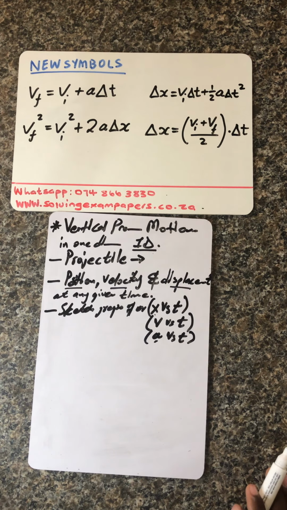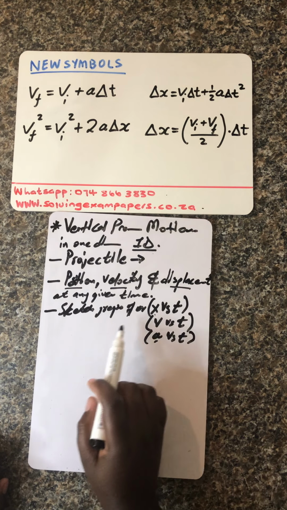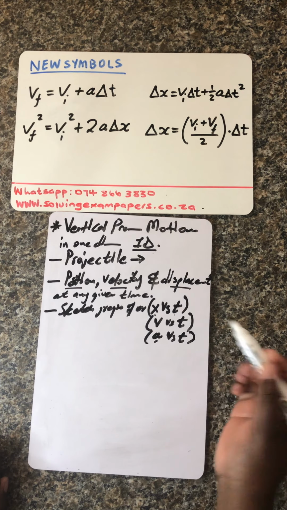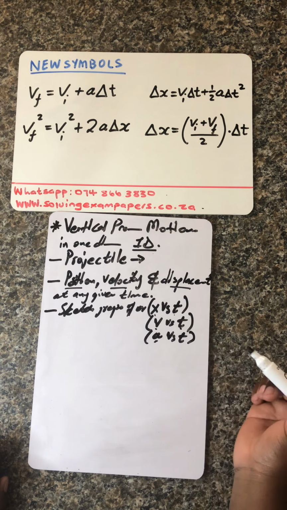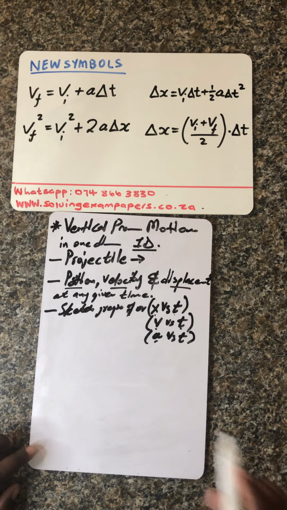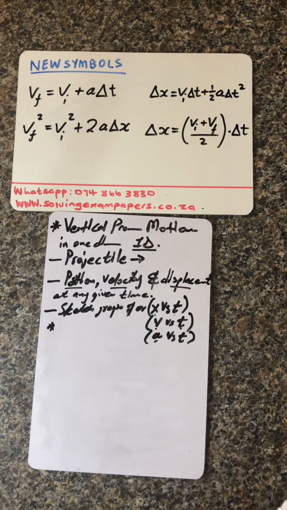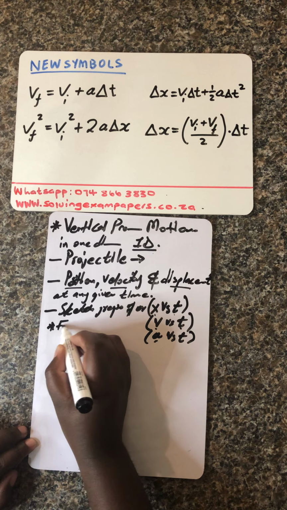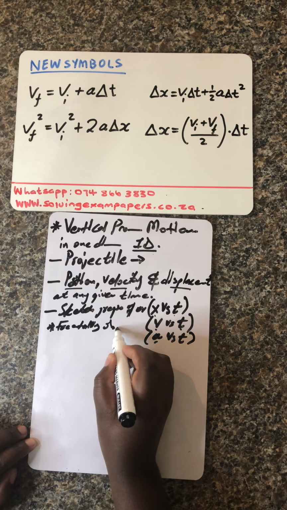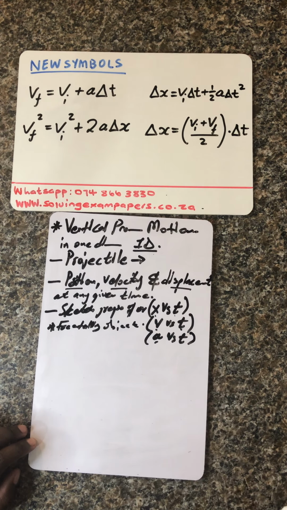So ladies and gentlemen, remember I've just indicated that we sketch graphs for position versus time, for velocity versus time, for acceleration versus time. For each of the following, let's just say the first one, a free falling object. You can just write it down as part of your notes.